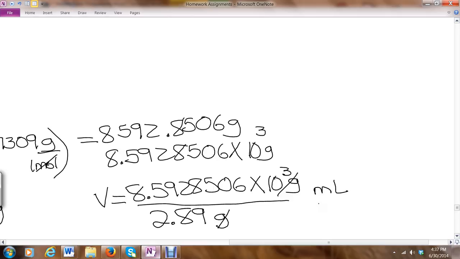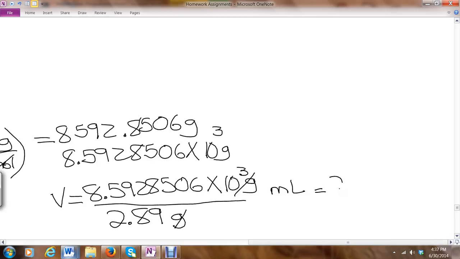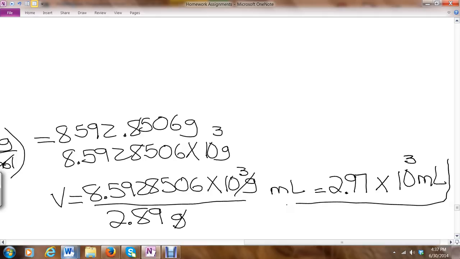And that is going to give me 8.5928506, and this is equal to 297. I took it to 3 fixed, right? So it's 2.97, already 3 sig figs because remember the density is given in 3 sig figs, by 10 to the third milliliters. Here you go, and this is the answer for letter B.